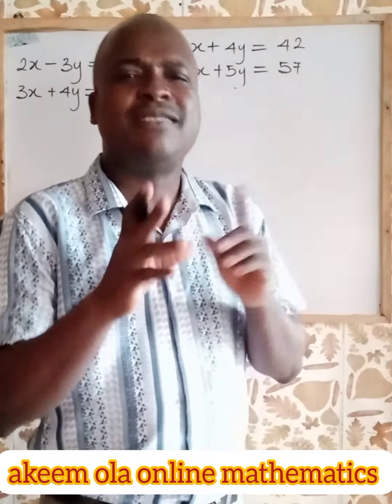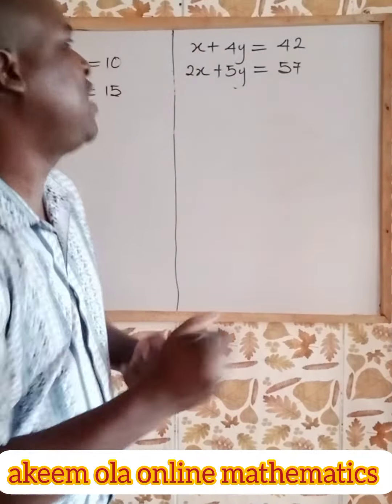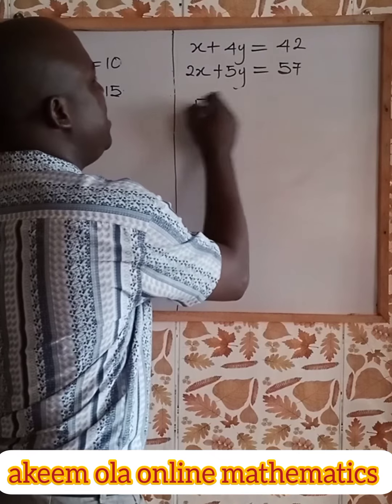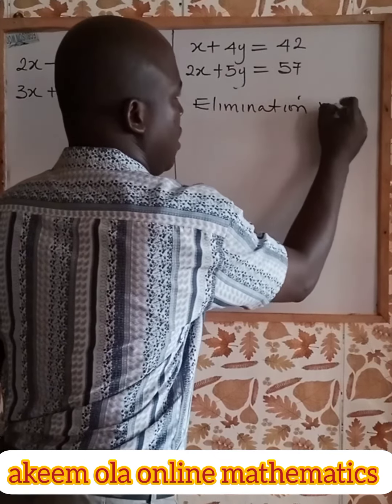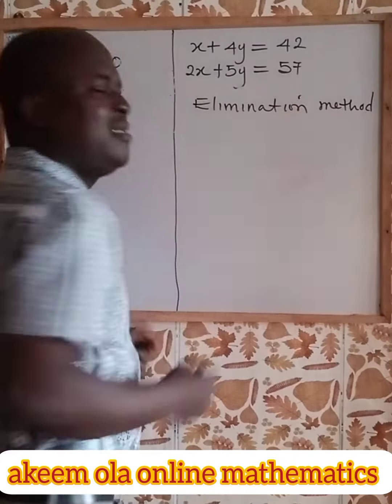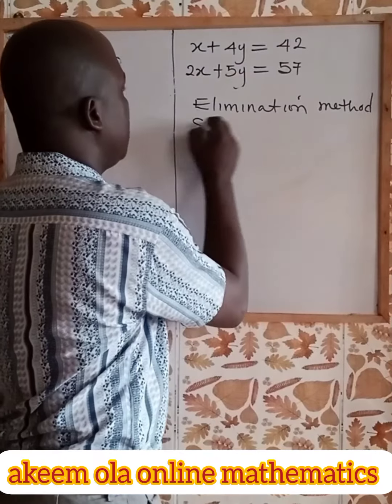To solve any simultaneous equation, there are three methods that we can use. The first method is known as elimination method. The second method is known as substitution method.